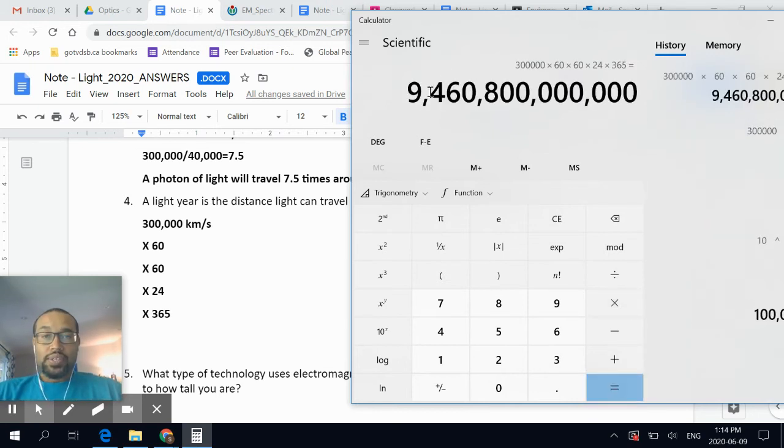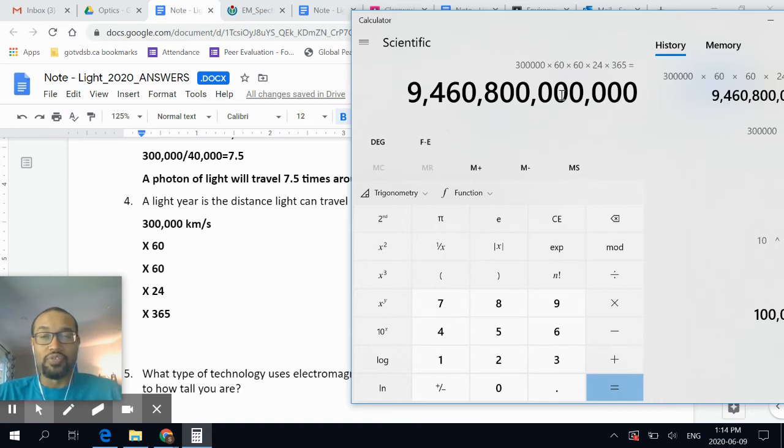And that equals a very large number: 9,460,800,000,000 kilometers in 1 year. So if you want to know what a light year is, it's 9,460,800,000,000 kilometers.